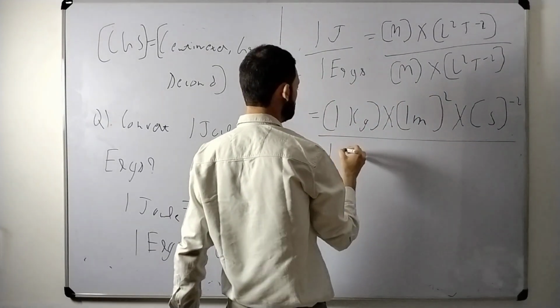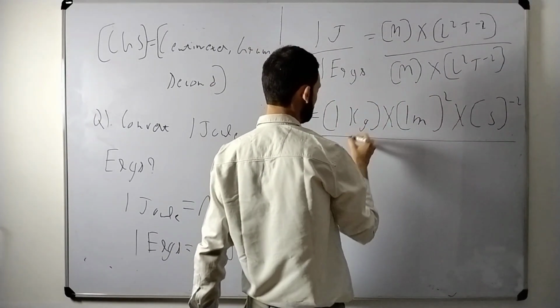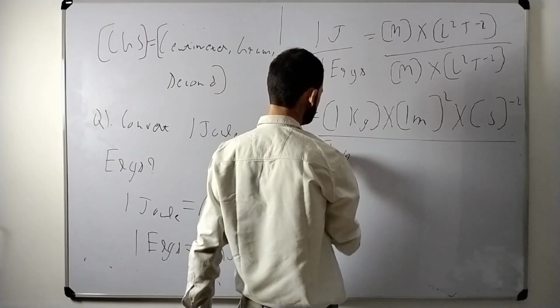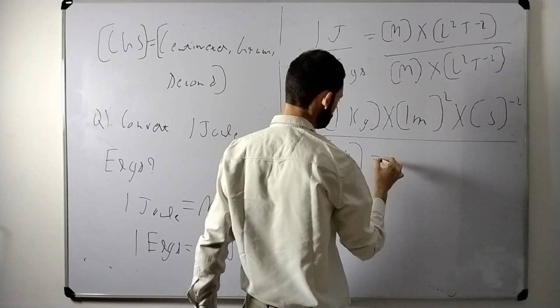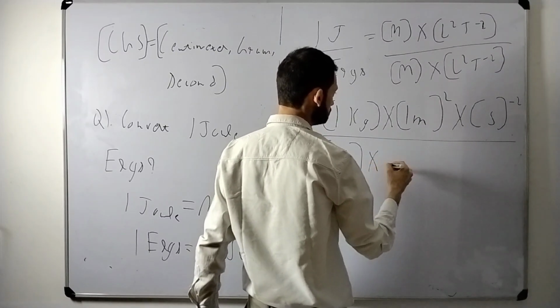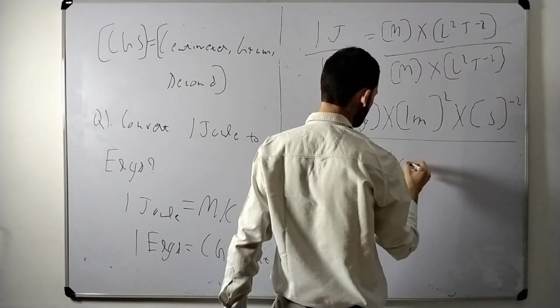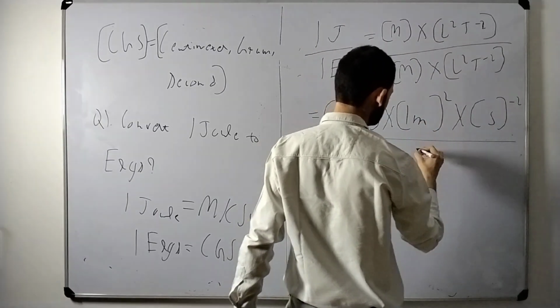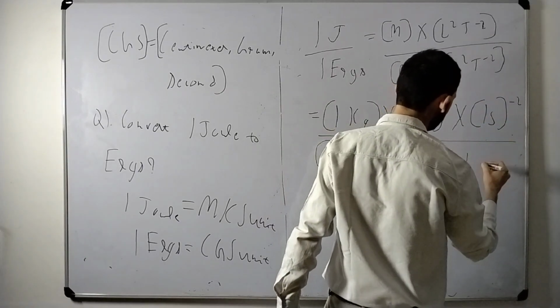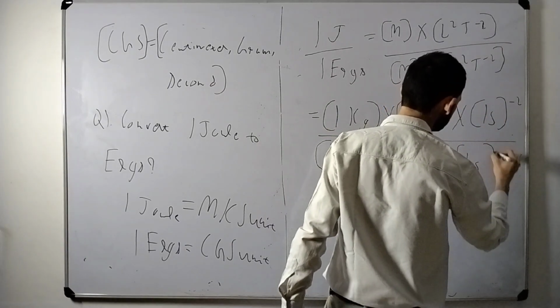Now 1 gram, this makes 1 centimeter square, 1 second minus 2.